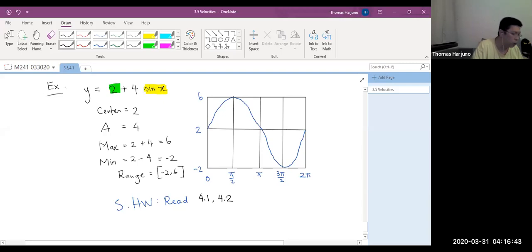We cover 4.1 already. We will do 4.2. And if possible, 4.3. Now, this is what I will do. You read these sections here, and I'm sorry, I think my acid reflux coming back.